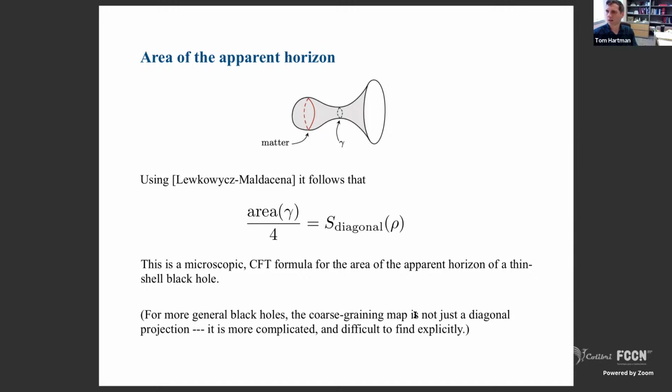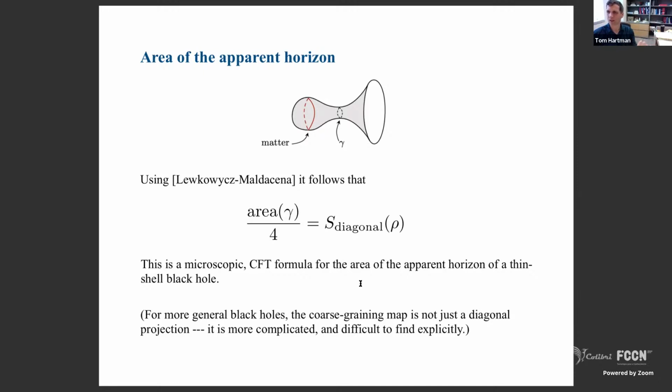We have done it for perturbations of the thin shell black hole. Say you just add one particle outside the horizon, then we know how to calculate the coarse graining. We know how to follow this whole procedure through. In that case, you construct the wormholes, you find a coarse graining map. It's not just a diagonal projection.